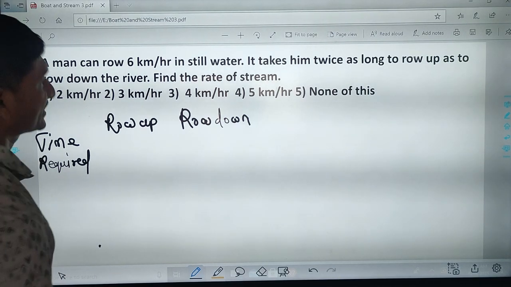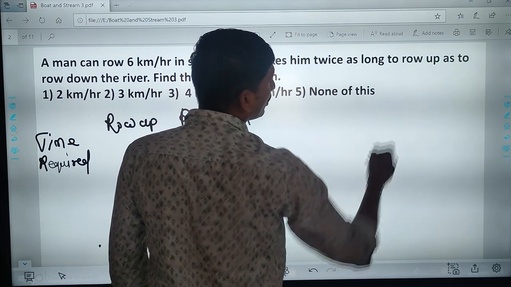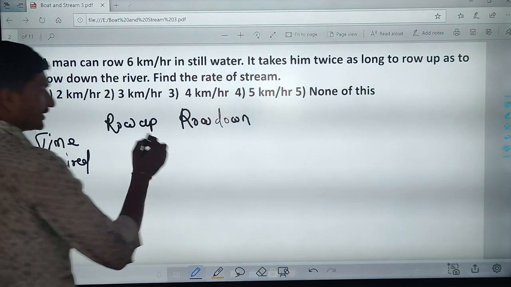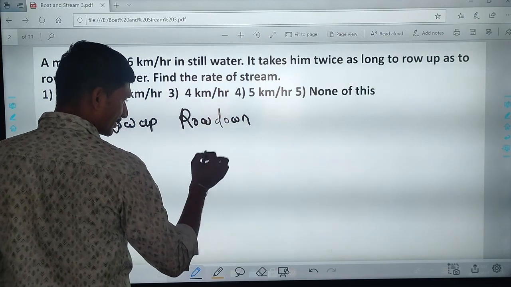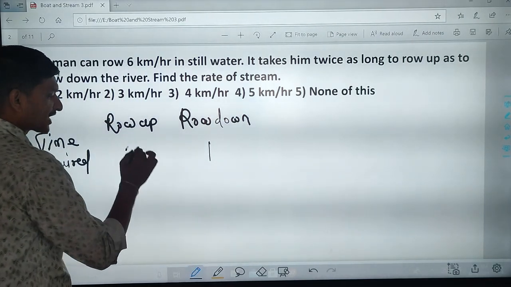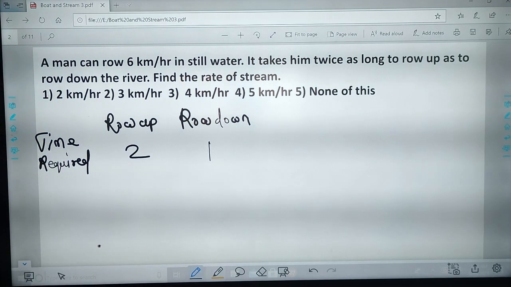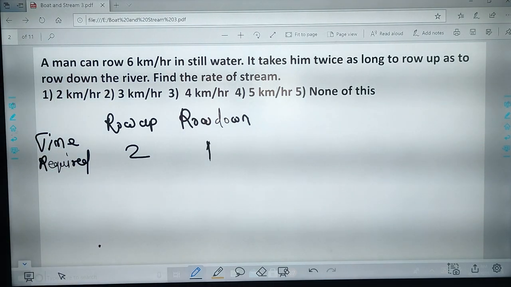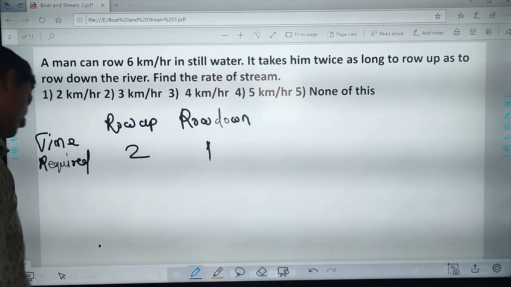A man takes twice as long to row up as to row down. Here row down takes 1 minute, row up takes 2 minutes. So the time required to row up is 2, and row down is 1.